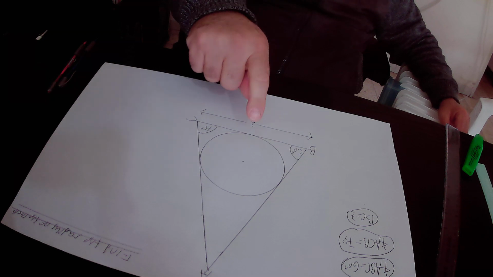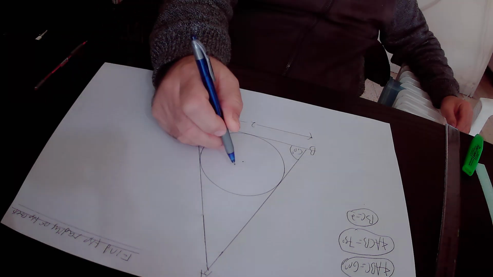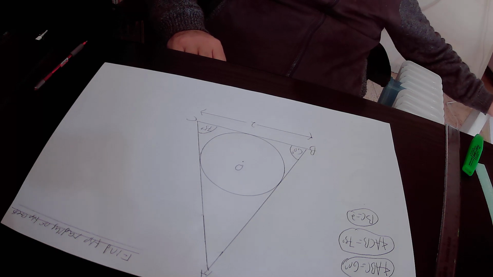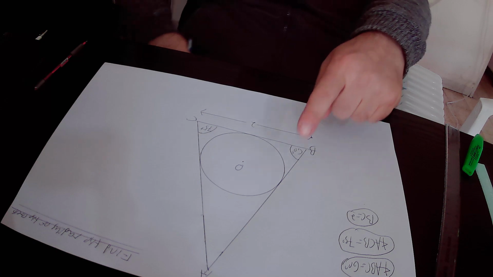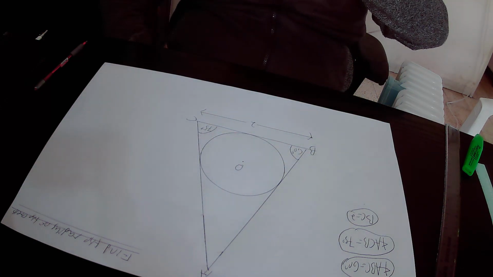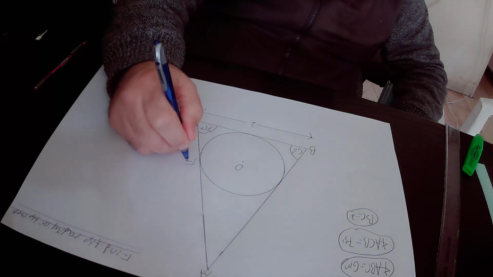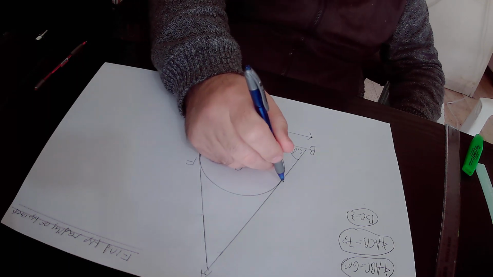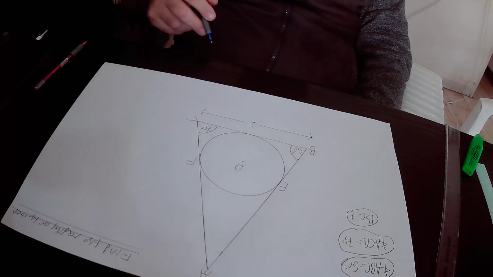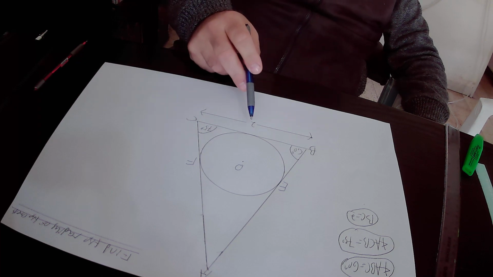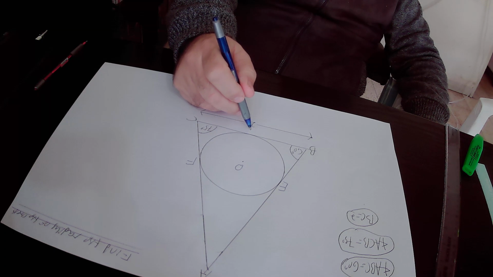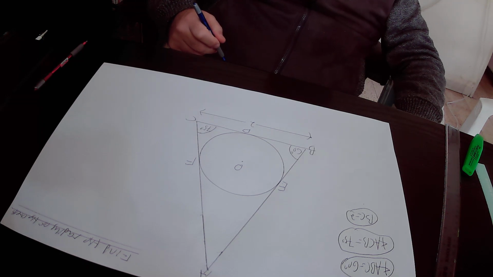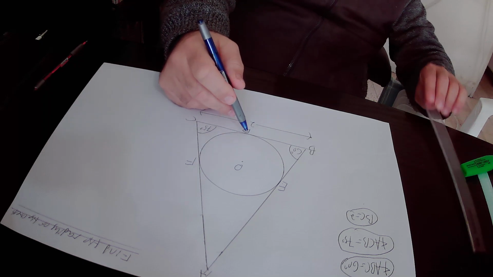We will define the center of this circle as O. We define the point of tangency of tangent AC with this circle as F. We define the point of tangency of tangent AB with this circle as E. And we define the point of tangency of tangent BC with this circle as D. We join points O and D together by a straight line.